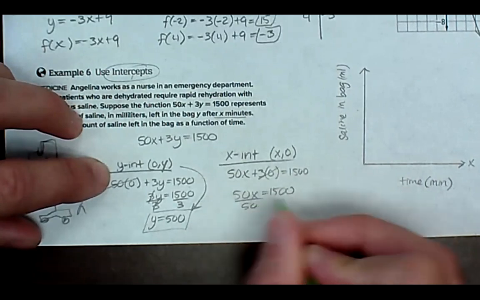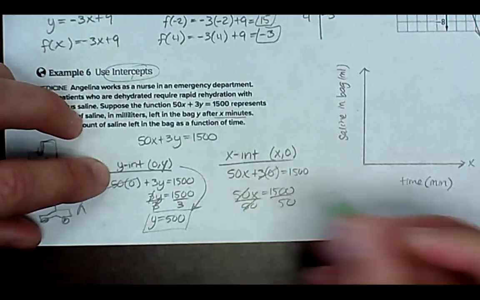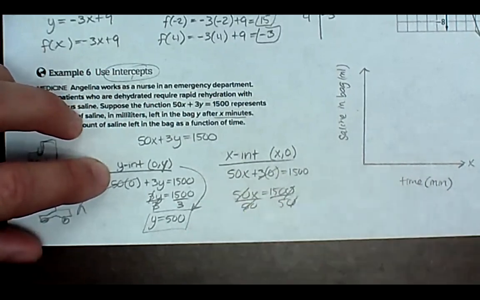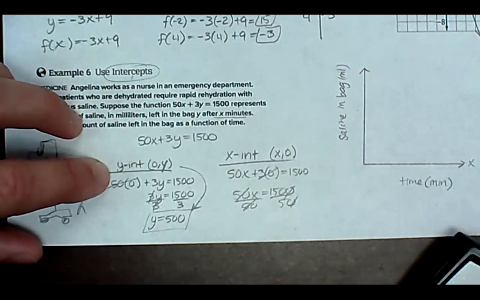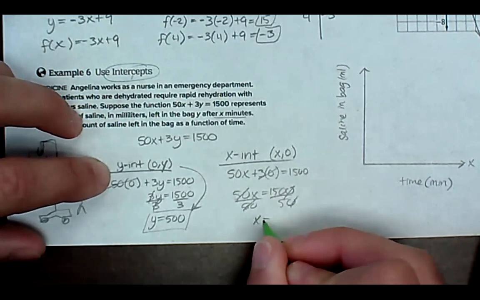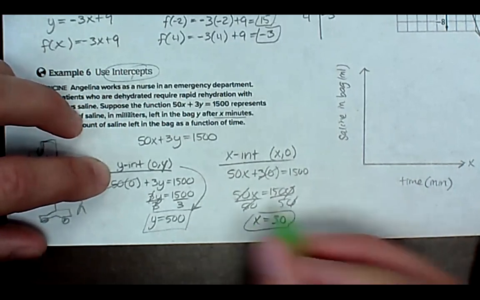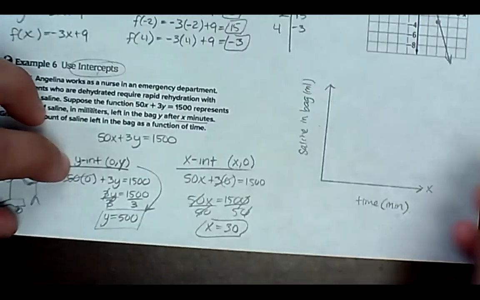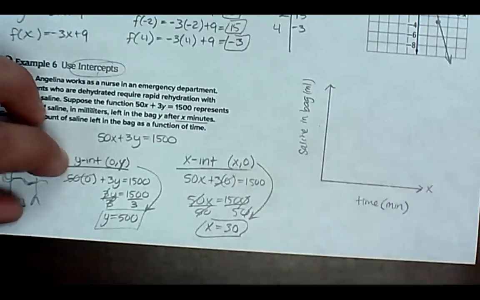Divide both sides by 50, cancel, cancel. That's the same thing as saying 150 divided by 5, we get 30. Cool. All right, x-intercept becomes this.